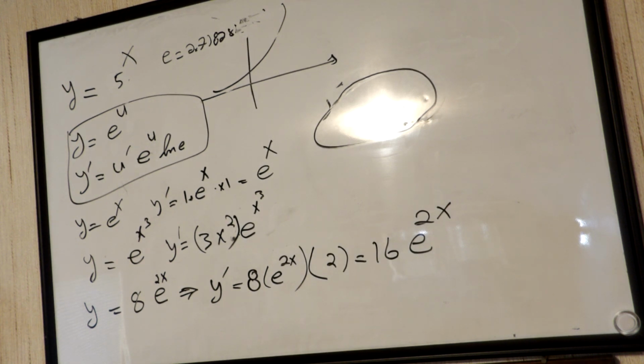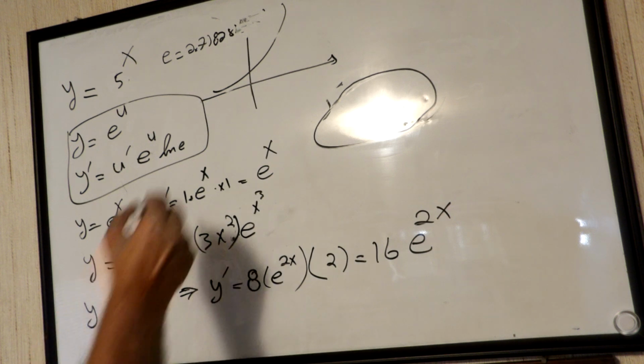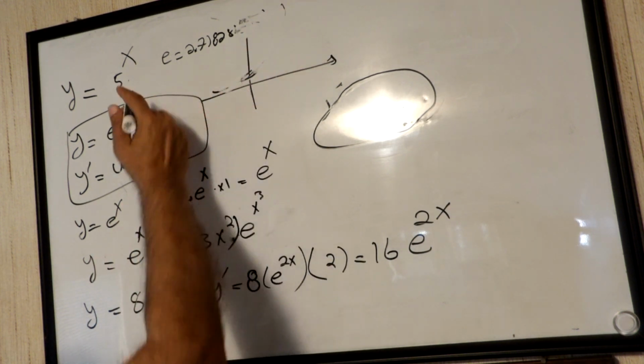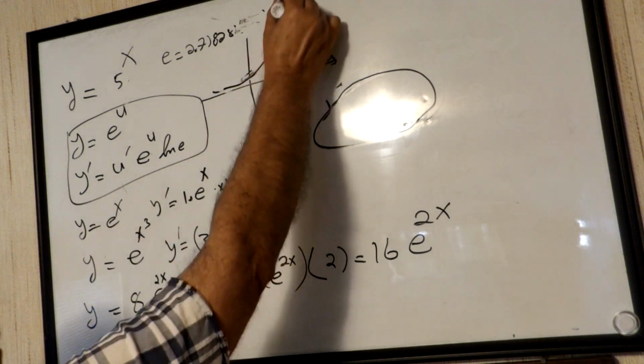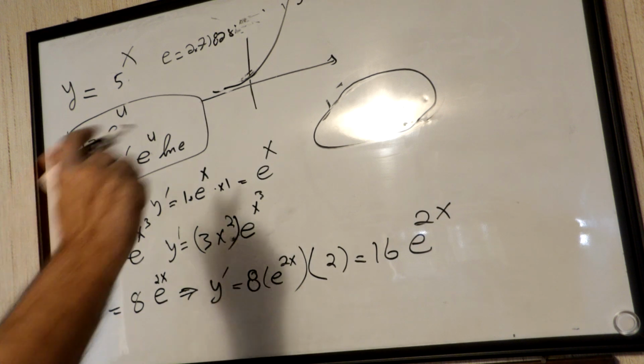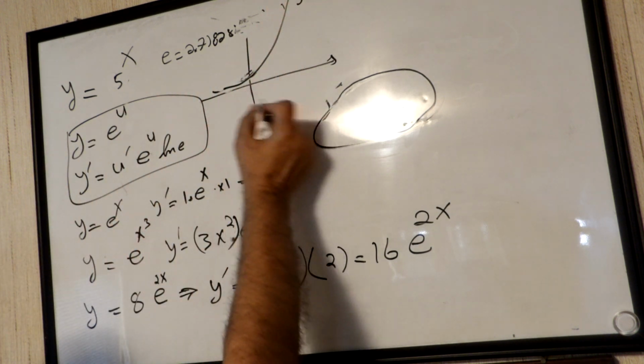If we have e to the power of x, it's going to be like this, and like 5e, and you know that if you put a negative on there, it's going to be down here.